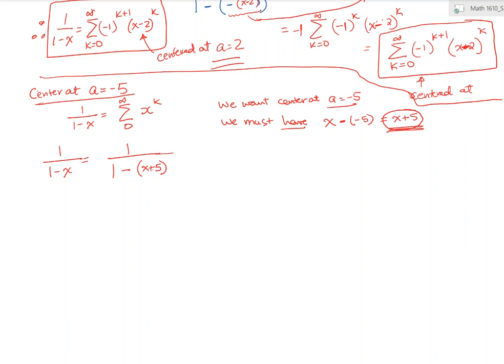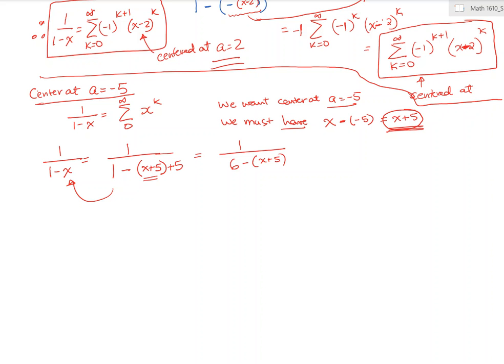So I subtracted 5 to get this. So I must add 5. Please notice that this is equal to this. Okay, it's just algebraic manipulations. Okay, so this is 1 over 6 minus x plus 5. 1 plus 5 is 6.